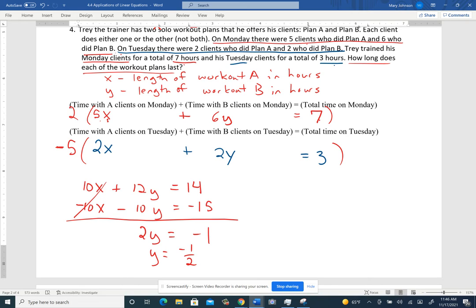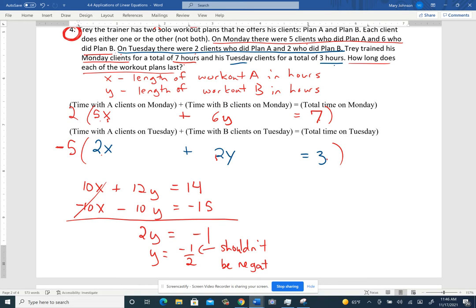And then 2 plan A, 2 plan B, and that's supposed to be just a total of 3. And then 2 all the way through, and then negative 5 all the way through. I don't see anything wrong with our work, but something logically is wrong with the problem. So just put a hold on number 4, the concept we have about how to set it up, but it shouldn't be negative. So I don't see anything wrong with our work. So there might be something wrong with the problem.